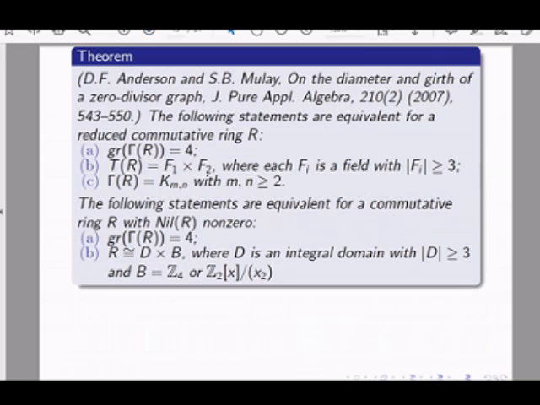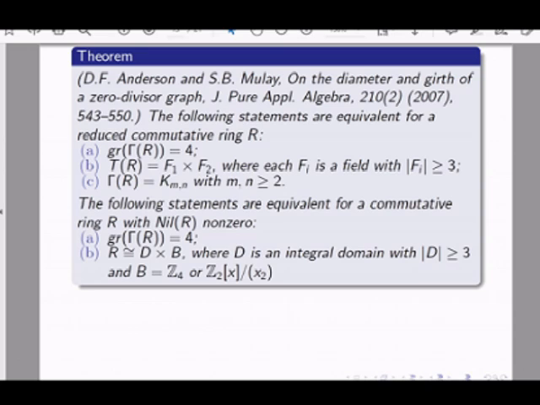All right. Here is a nice result by Anderson and Mollet. Remember, Mollet answered the question in 2002. Anderson is the first author on the zero divisor graph. Both of them wrote a paper in 2007 talking about the girth. And remember my talk, I want to know the connection between graph properties and ring theory.